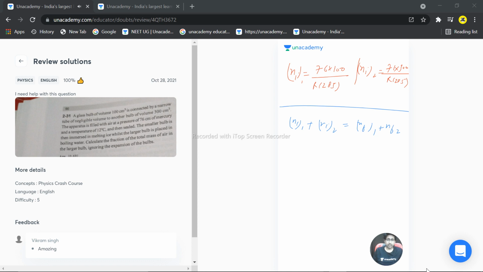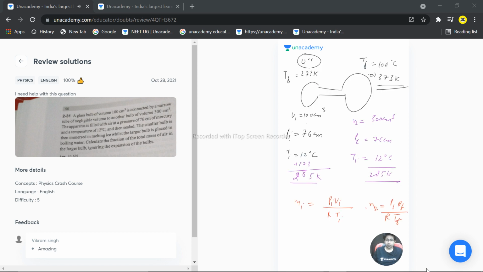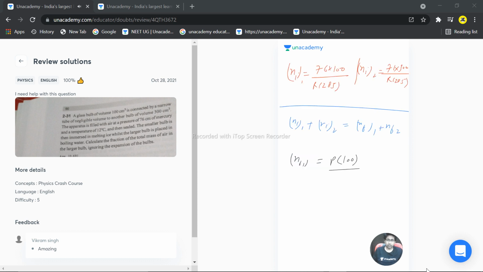Let's calculate NF1. NF1 is P into the volume, 100 centimeter cube, by R into 273, the final temperature 0 degrees Celsius. And N final 2 is P into the volume, 300, divided by R into the temperature, 373.